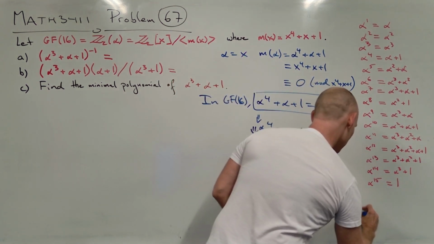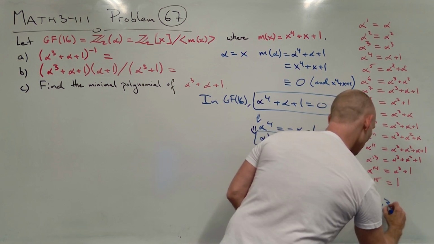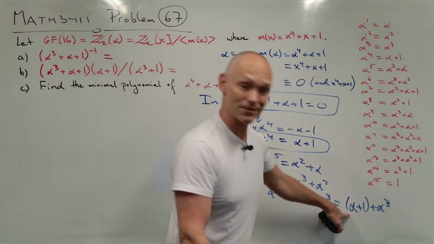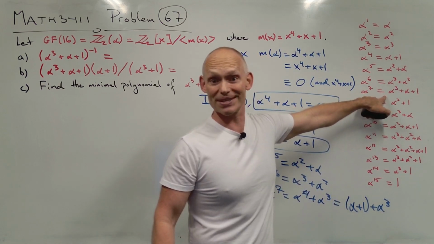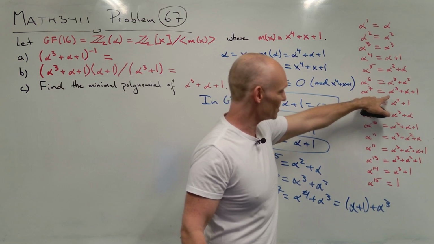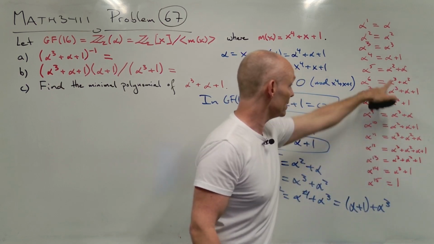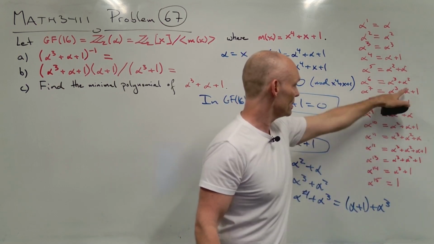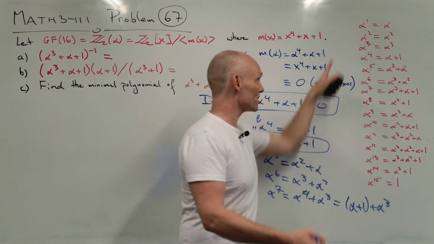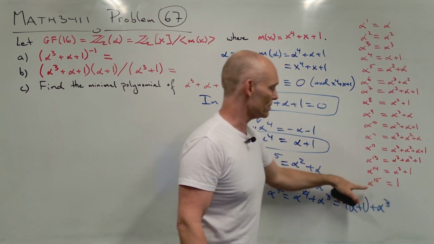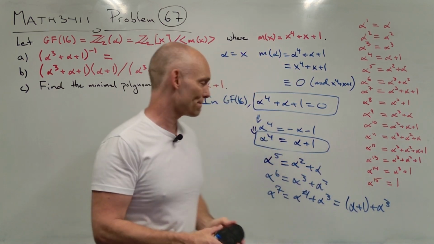So alpha plus 1 plus alpha cubed. And if you rearrange those terms, then you get exactly this expression that you can see up there. Hopefully you can see it properly. Alpha to the power of 7 is equal to alpha to the power of 3 plus alpha plus 1. And then you can continue in the same way until you've filled out the whole table, until you get to 1, which you do in alpha to the power of 15.